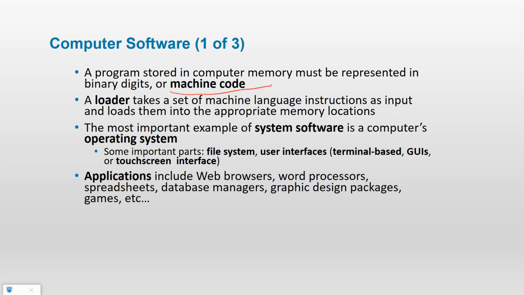Once you enter it, a loader takes a set of machine language instructions as input and loads them into the appropriate memory locations. This is the inner working of the computer. The most important example of system software is a computer's operating system. The operating system is software, right?